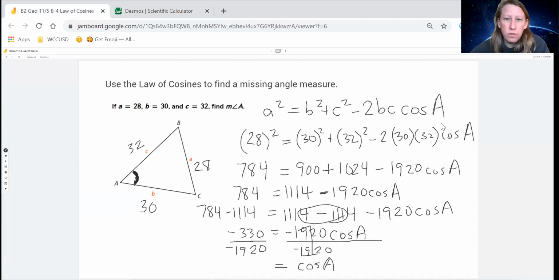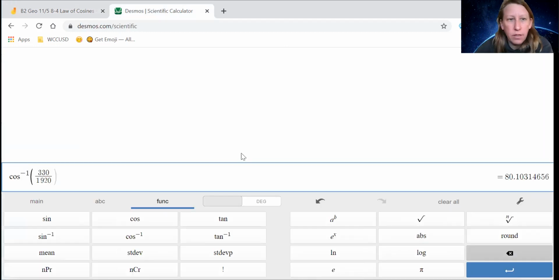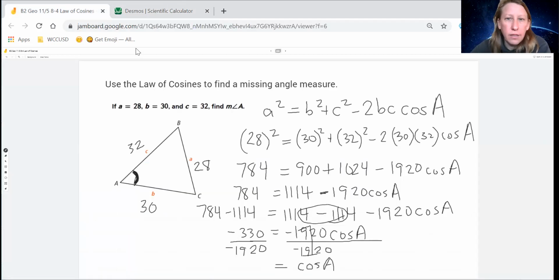That's pretty cool. So let's go back a step and find out what that decimal is. 0.1719. And then the last step, which I don't have a lot of room for, I'll squeeze it in right here, was to do the inverse cosine of both sides.